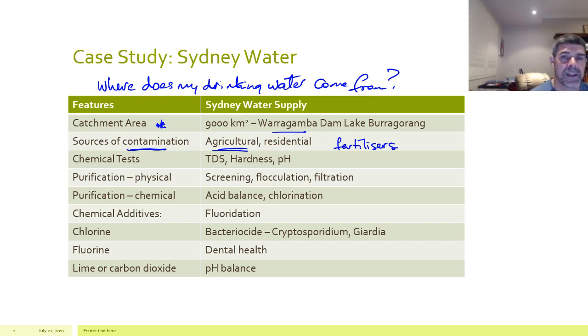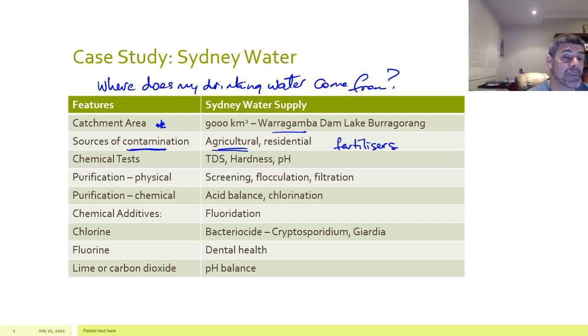Is it something where there may be industry which may be adding things like thermal pollution but also certain types of contaminants to the water? This is all the consideration based on the catchment area and where your particular catchment area is located.